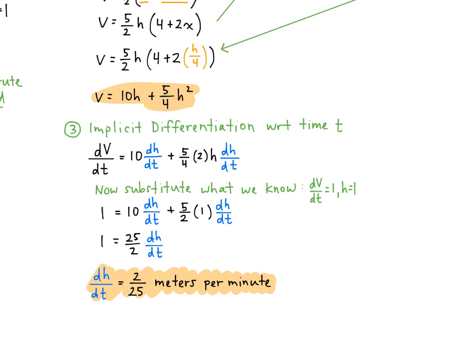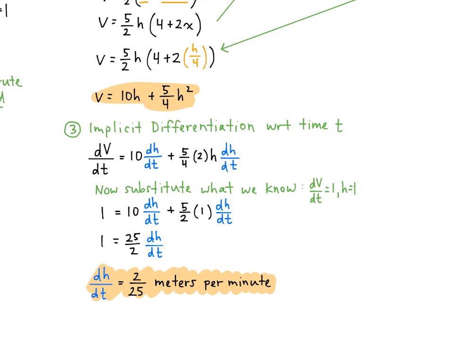When we take the derivative of the left side, the derivative of V, we get dV/dt, because the derivative of this is just the coefficient, 1 times dV/dt, equals 10. Now we take the derivative of h, which is just 1, but we have to remember to include dH/dt. Plus, now we take the derivative of this piece. We move that power out front and subtract 1 for the next power. And don't forget dH/dt.